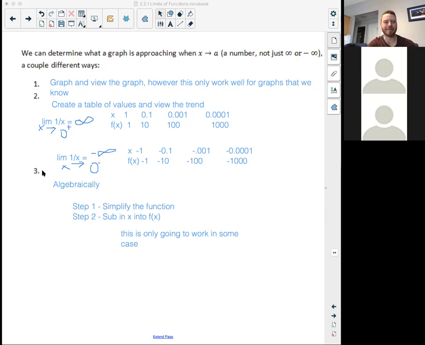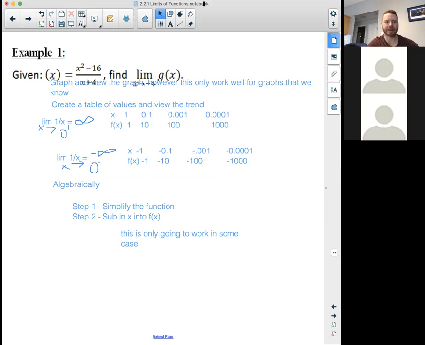But we're going to know what strategies we can use given the problems. So here are 3 strategies. Algebraically is going to be our quickest strategy, but again, sometimes that's not always going to work given the problem. Okay, cool. So let's go into our first example here.